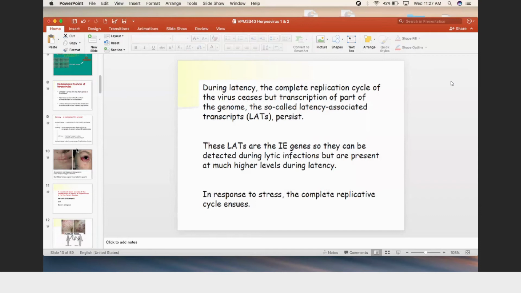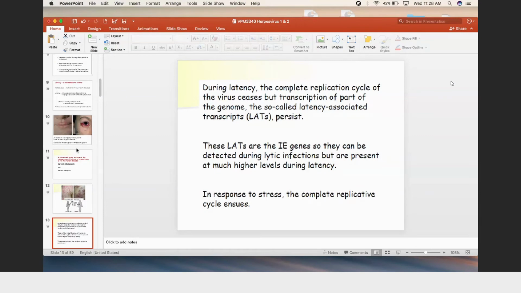LAT stands for latency-associated transcripts. During latency, only this transcript you can find present in the cells. That's why I call it that. And this latency-associated transcript is encoded by certain genes in the virus genome. So that's why I call it the LAT gene too.